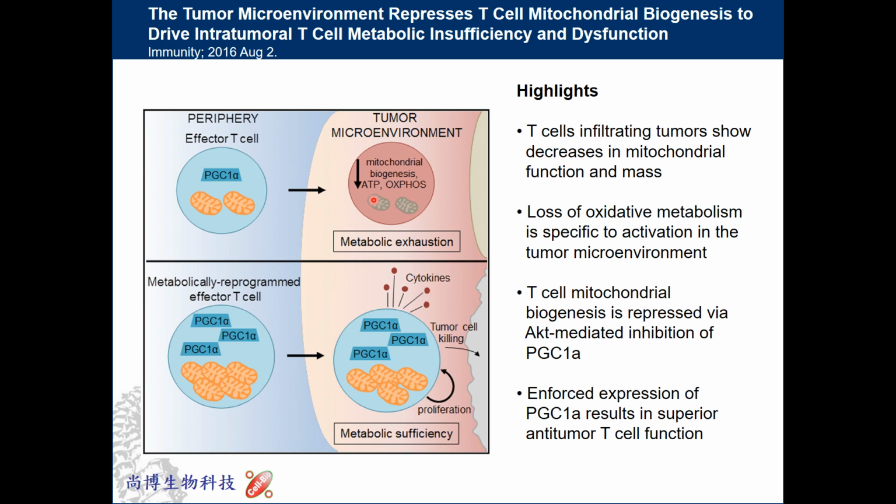So if this tumor microenvironment is so tough to live in or even to work normally in, how about we increase the expression of PGC1 alpha? PGC1 alpha is upstream of the genes of mitochondria. So as we overexpress PGC1 alpha, we will have super mitochondria in the T cell.